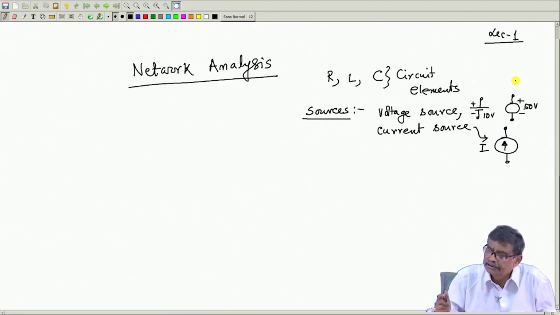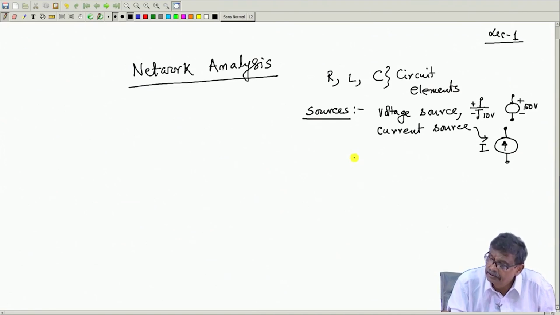In that case it is said to be a time varying voltage. In case of DC sources, of course, with time the magnitude of the voltage or current source will not change, but still we can have time varying sources like this.